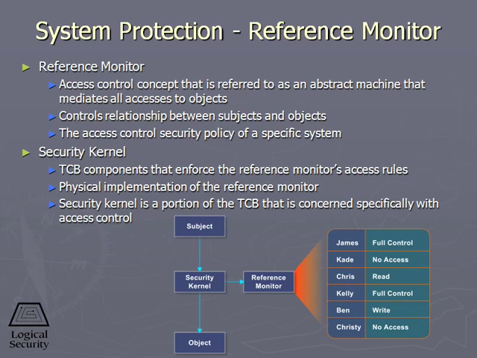As these two components align, that is the subject's identity or access token, along with the ACL, the access control list of the object, we can now identify what level of access or privilege the subject has on that particular object. Again, this is very carefully controlled and monitored by both the security kernel and his worker, the security reference monitor.